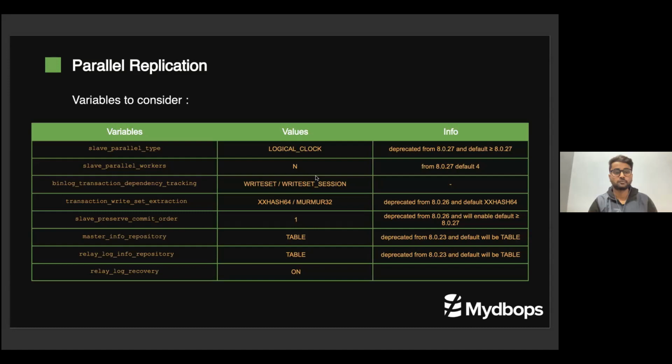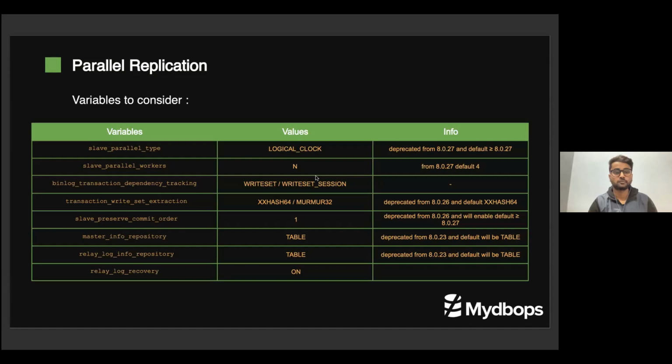A write set is basically the transactions which affect different tuples, different rows. And with WRITESET_SESSION, in the same session, two updates cannot be reordered or applied out of order.